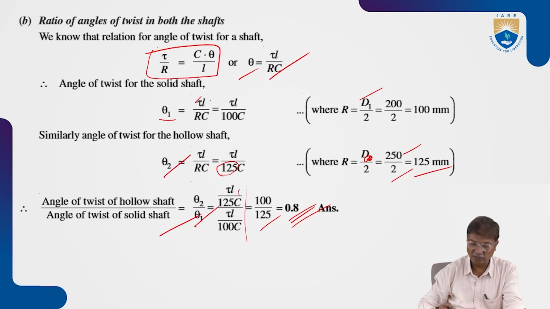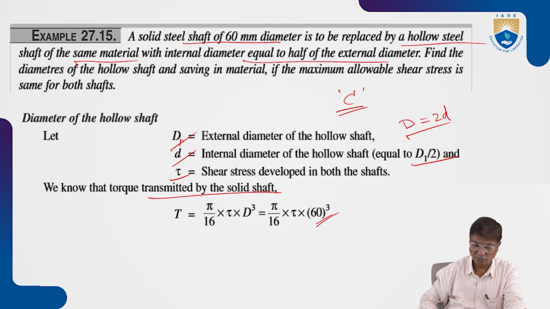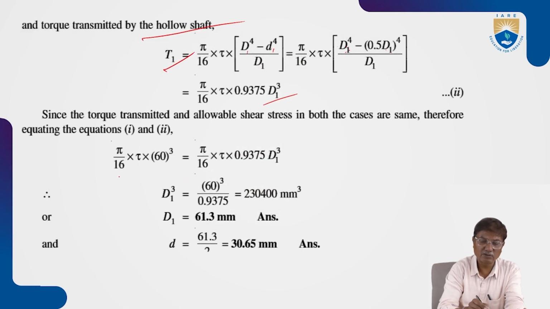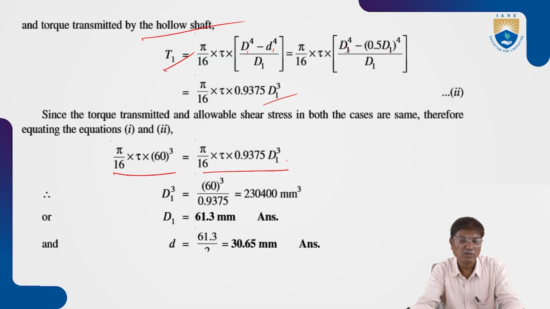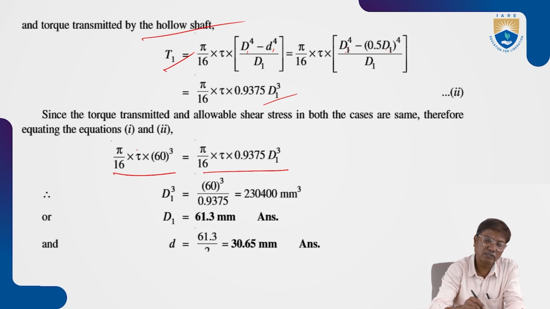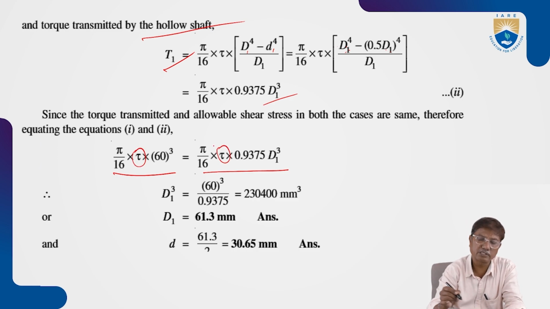So here, what is the condition that we have to use? Torque is the same, isn't it? We have to replace the solid shaft by a hollow shaft which transmits the same torque, and the maximum shear stress is the same.